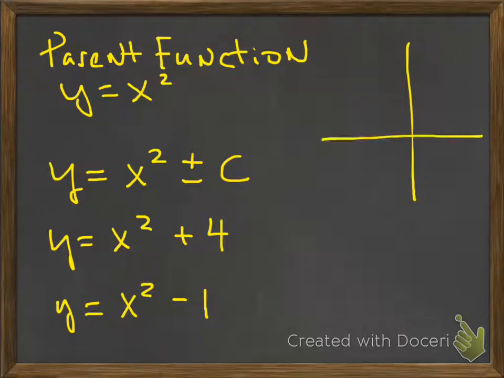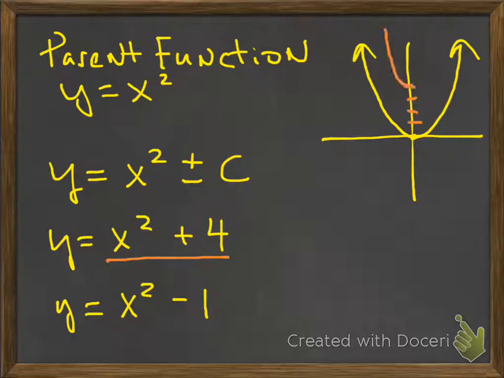Let's look. If I were to see y equals x squared on my calculator, I would see a graph something like that. The plus 4, I'll do in orange, and you would see something that would be up 4 units. And the minus 1, notice, is down 1 unit.